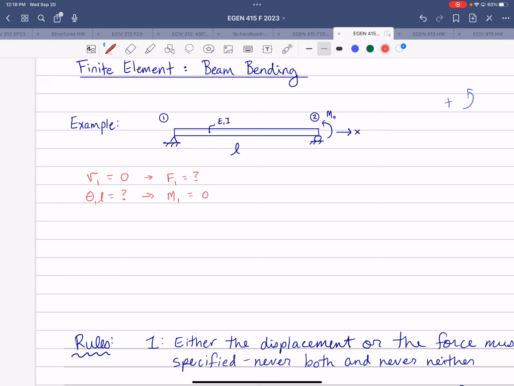At node 2, similarly, we know that V2 is 0, since it's a roller support. That means we do not know the corresponding force. And we don't know the rotation. But we do know the moment.